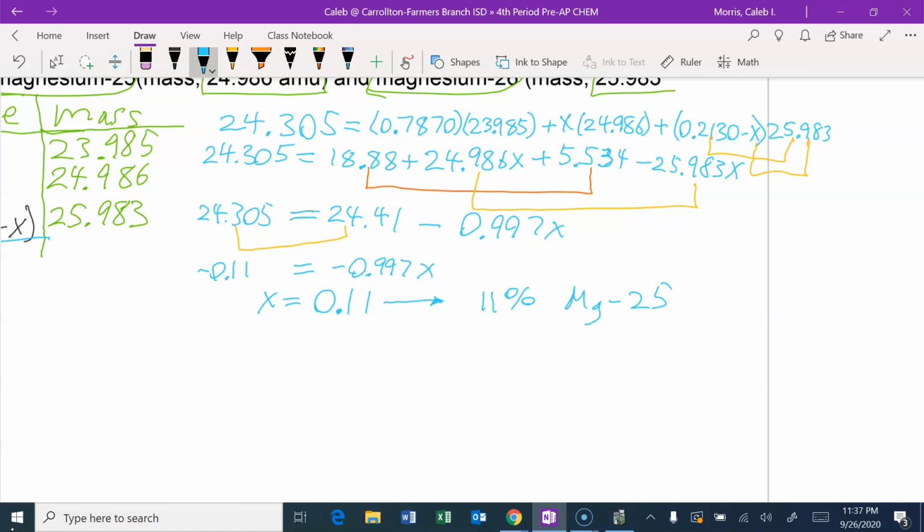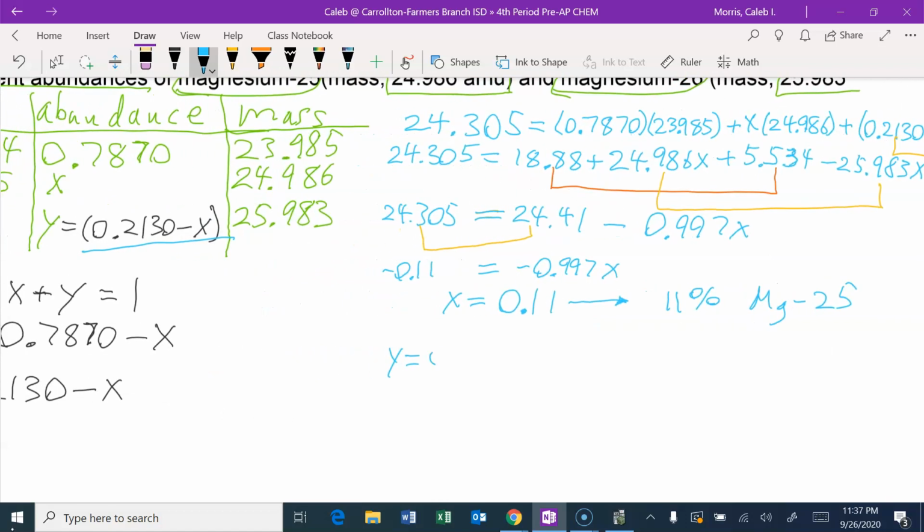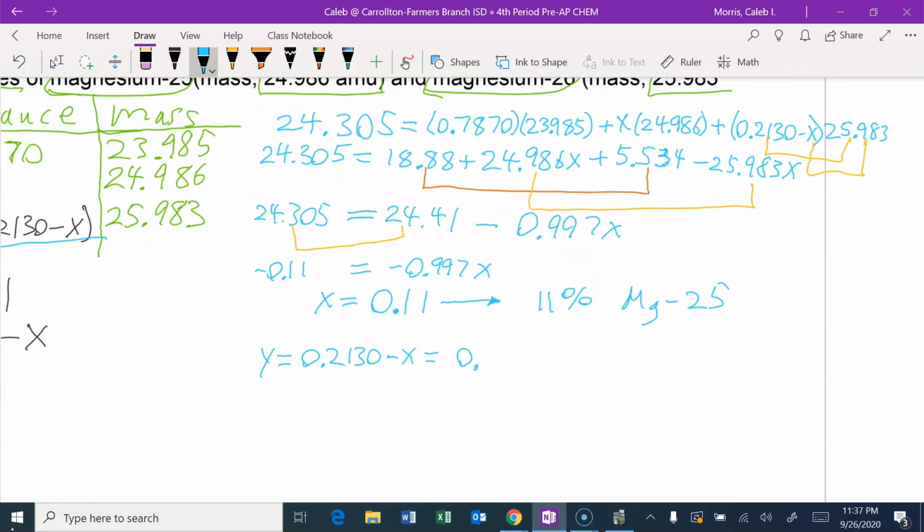And if we wanted to find what Y was, well, Y equals 0.2130 minus X, which equals 0.2130 minus 0.11.